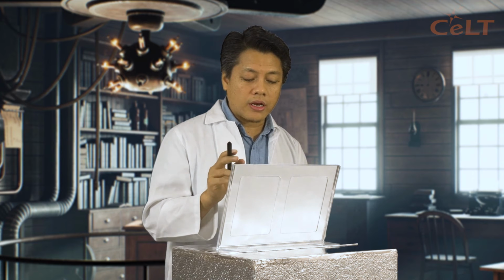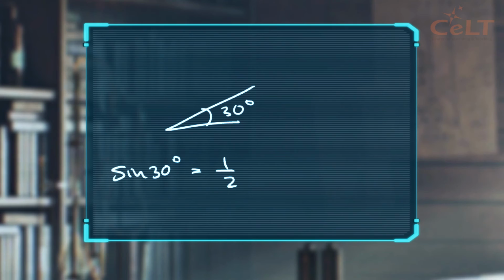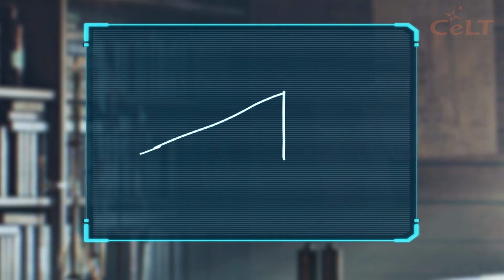As we have already learned, the definition of sine is opposite over hypotenuse. So the opposite is the numerator, which is equal to 1, and the hypotenuse is the denominator, which is equal to 2. Then we can draw another right triangle with the opposite of 1 unit and hypotenuse of 2 units. We now know the values of opposite and hypotenuse. What about adjacent? Yes, we can use the Pythagorean theorem again to find the length of the adjacent.